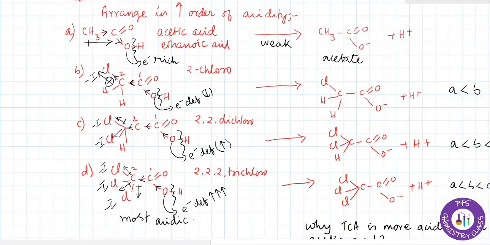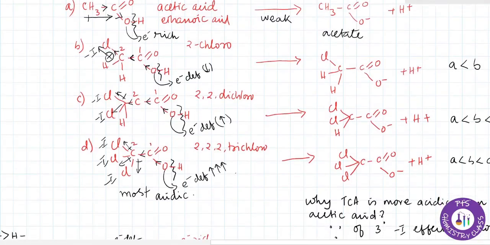Okay, so a question they might ask in a school test: why is TCA more acidic than acetic acid? TCA means trichloroacetic acid. Trichloroacetic acid is more acidic than acetic acid. They will ask this question. What is the answer? Because of the 3 minus I effects of the chlorine.